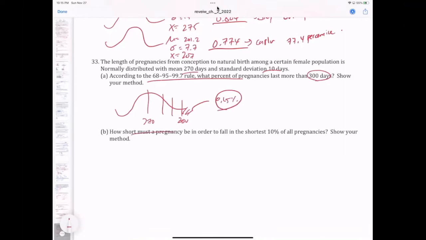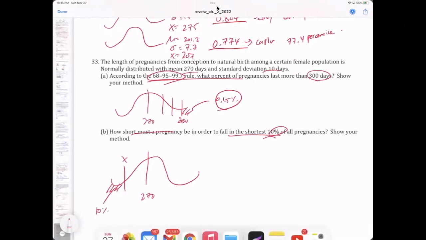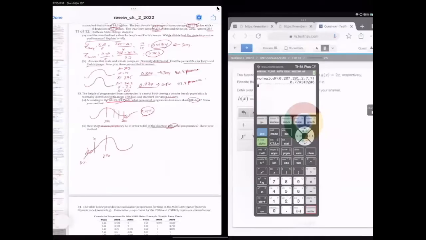How short must the pregnancy be in order to fall in the shortest 10%? Okay, so the mean is 270. And unfortunately, we cannot use the empirical rule because 10% is not one of those numbers that you can get by using the empirical rule. So shortest 10% means that I want to find this x value, with 10% here, so we use inverse norm for this.